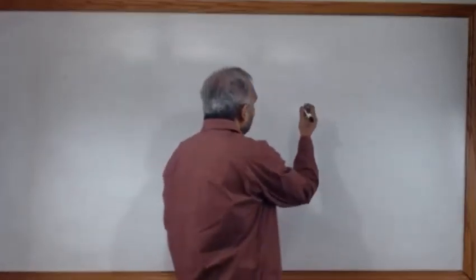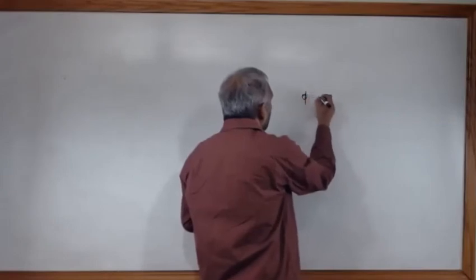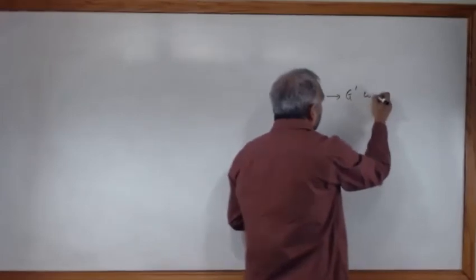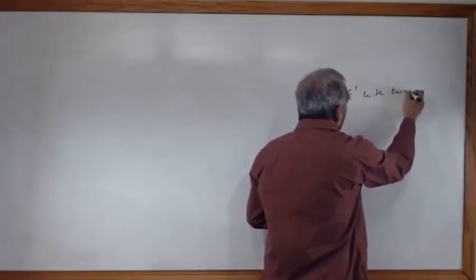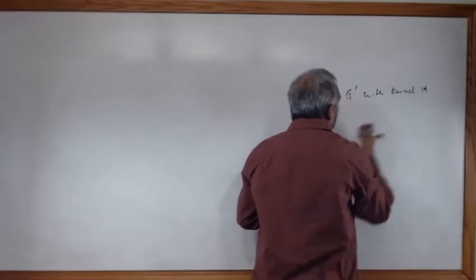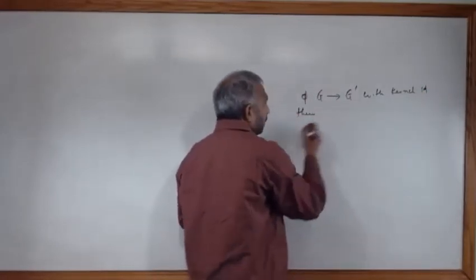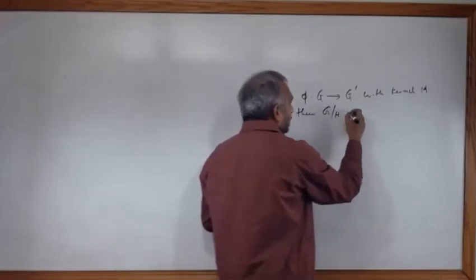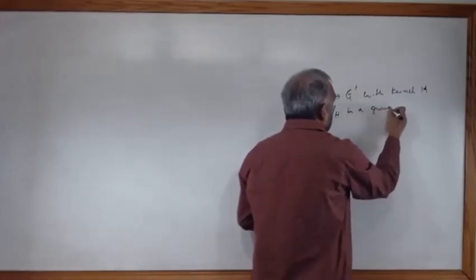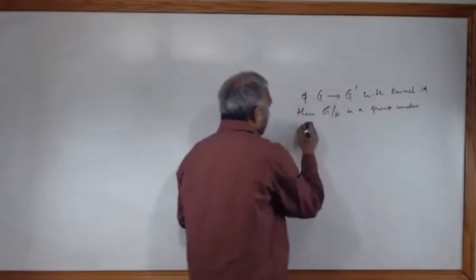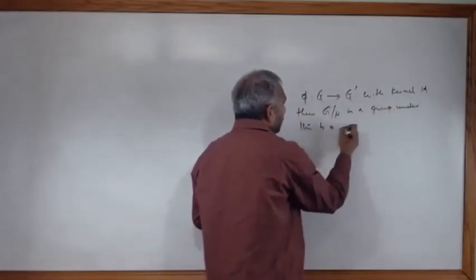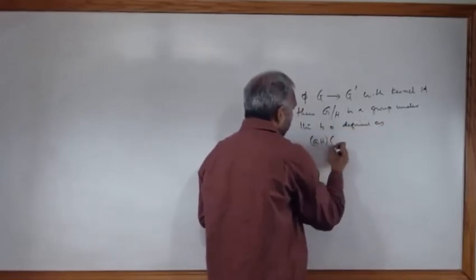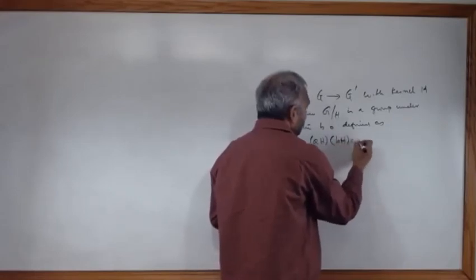One is by using a homomorphism from a group to another group with kernel H. Then G over H, the collection of all cosets of H, is a group under the binary operation defined as aH times bH is equal to abH.